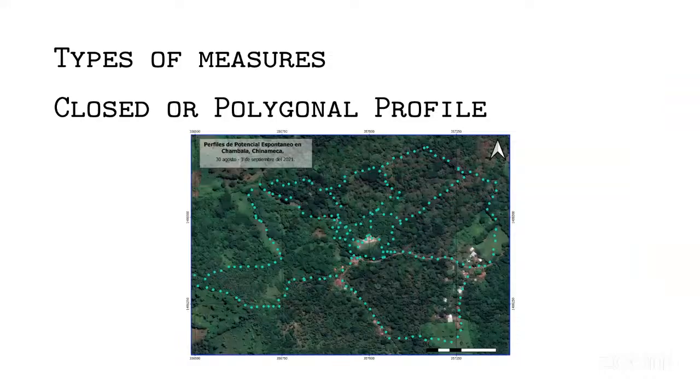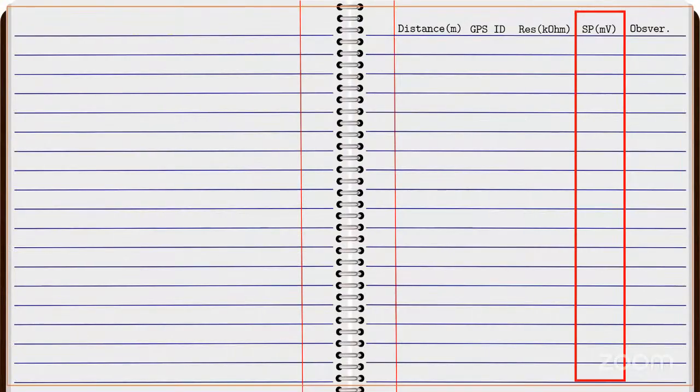In addition, we reduce the noise and the errors from changing one electrode to another. For example, in leapfrog.